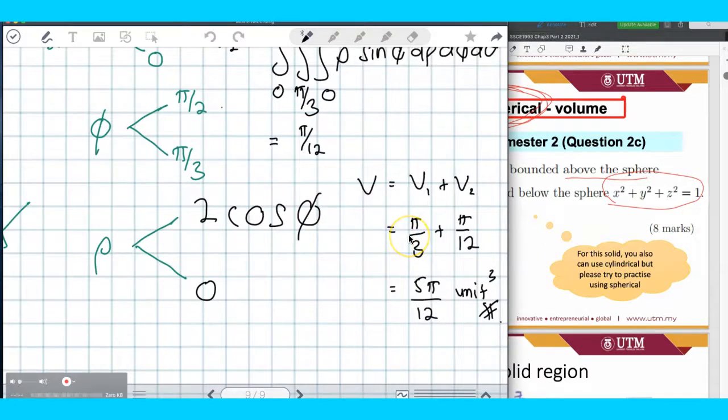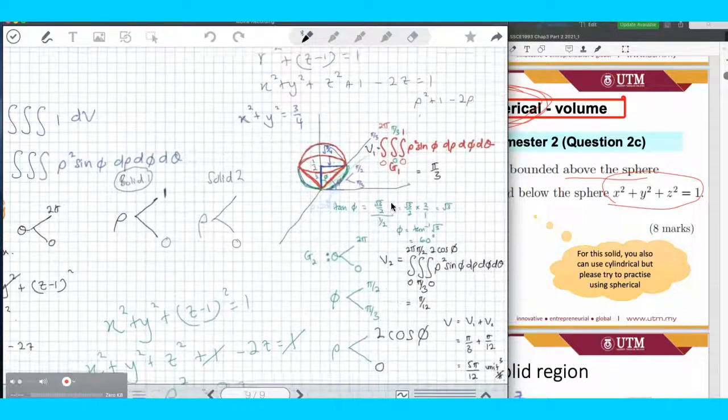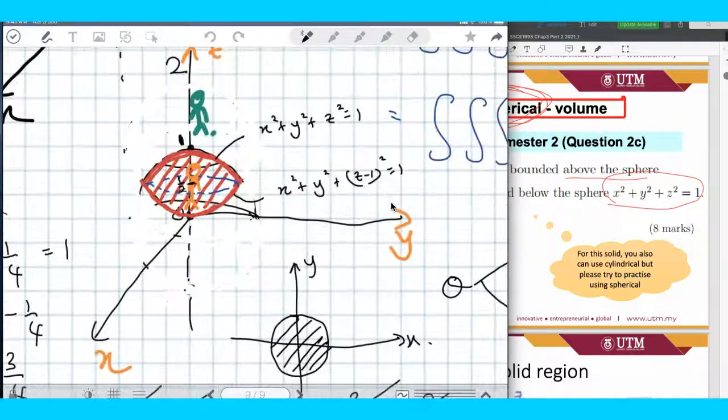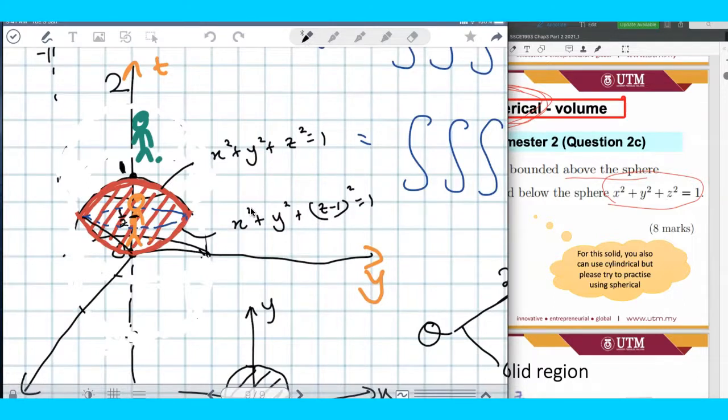Okay, so this is how you can use spherical coordinates to evaluate the volume of this particular solid, where in this case you need to assume inside this there is a cone, an ice cream cone surface, and you can evaluate this solid using G1, and then you also need to evaluate the balance solid, the volume of the balance solid from G2.